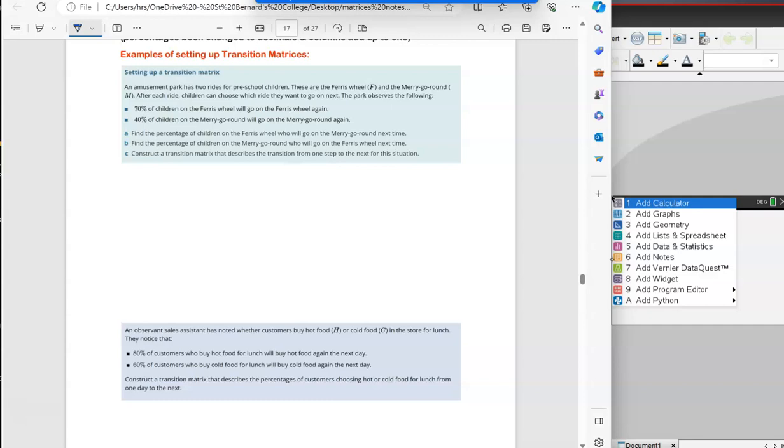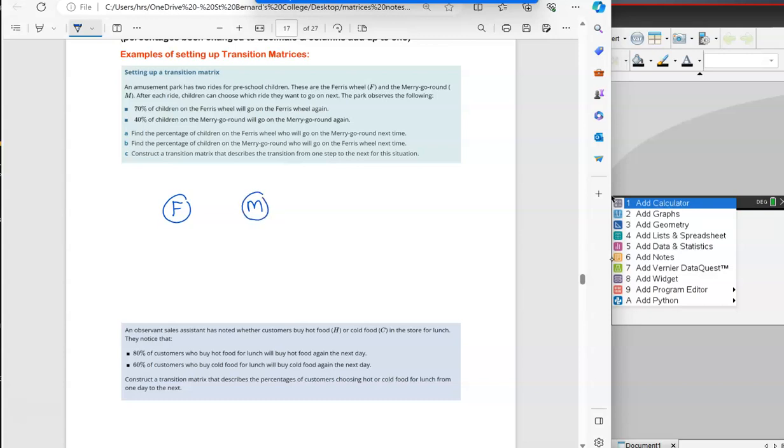So if you think about it, let's draw a diagram. They ask us to do it in question C, but let's just draw it anyway because it'll make our life easier. So we've got Ferris and then we've got merry-go-round.